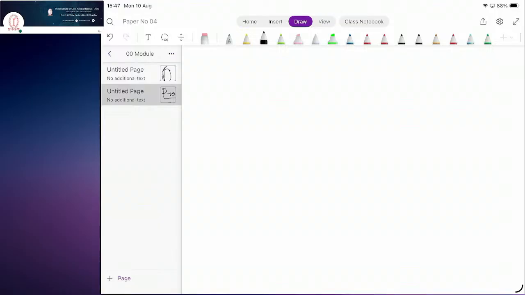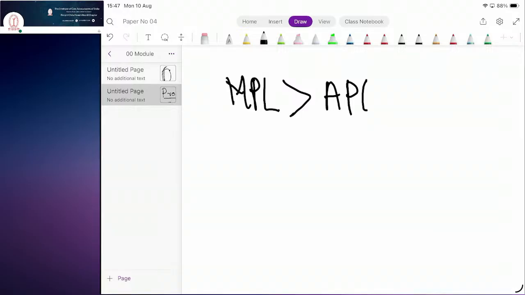Okay, 25th, let us look. Marginal product of labor is below the average product of labor. It must be true that, okay, just remember this relationship between marginal and average. Write this: when marginal product of labor is greater than average product of labor, then APL is increasing.